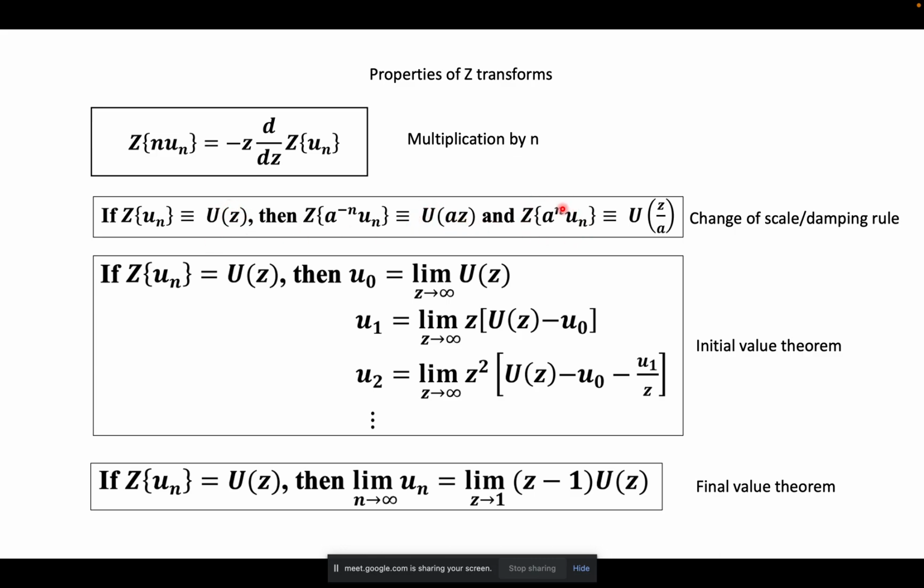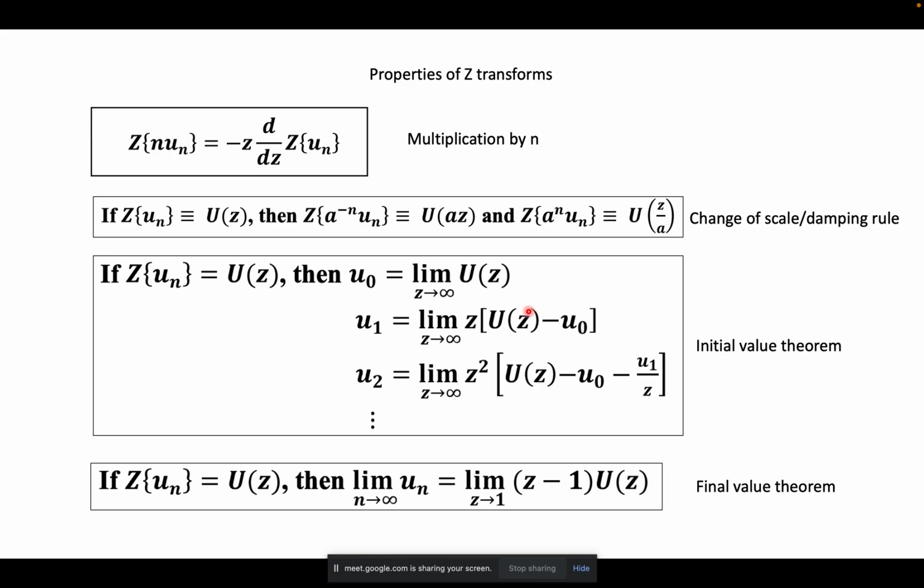Similarly, if you want to find the Z transform of a sequence of the type a^n u(n), you simply replace z by z/a in the Z transform of u(n). So this is the second property, and it is also quite useful, as we will see when we solve the problems from the problem set.